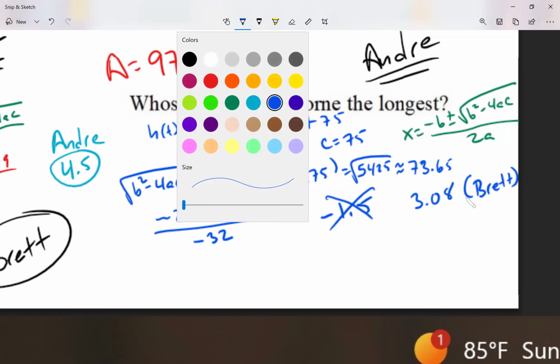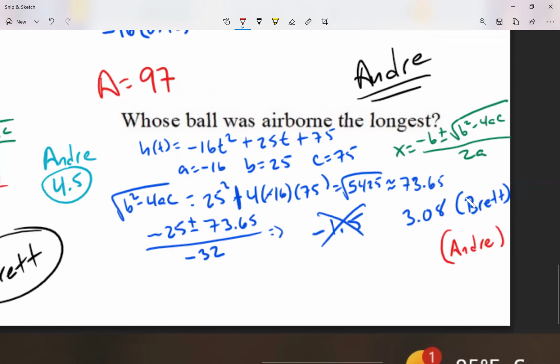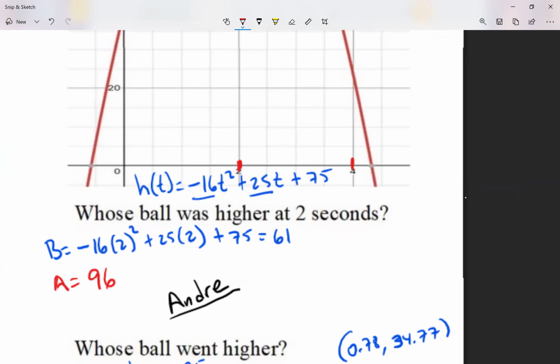Now for Andre, how long was it up in the air? Let me use the graph. So I see here is 4 seconds. It's a little more than four. Let me see how much each square is. I see 0 and 2, right? You guys see 0 and 2? The one right in between 0 and 2 is 1. I see a 0 and 1.